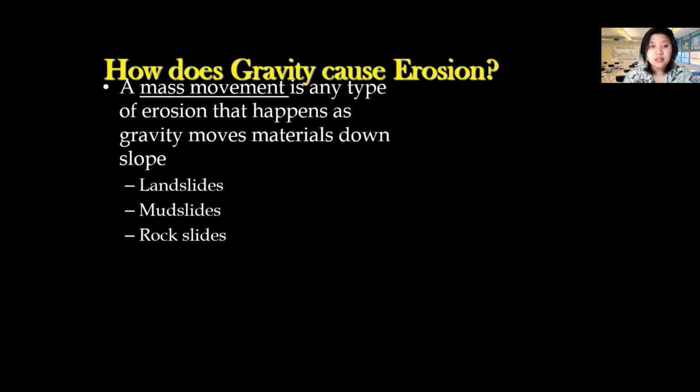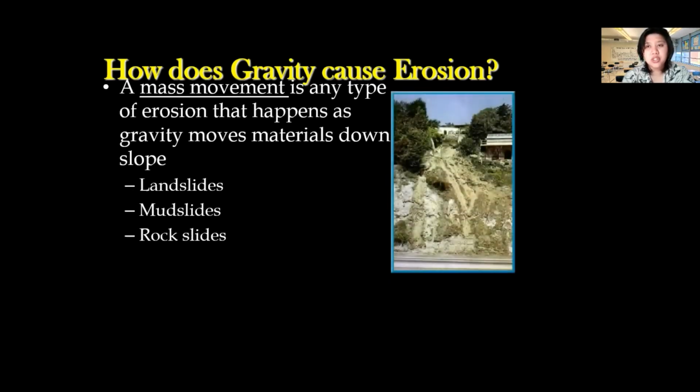Now, these are not funny or safe when they happen. And these three concepts lead us to understanding geological hazard brought about by mass movement due to erosion. Whenever there's a landslide, you know that this is going to promote danger or hazard to property and to human life. So as the mudslide and the rock slides.